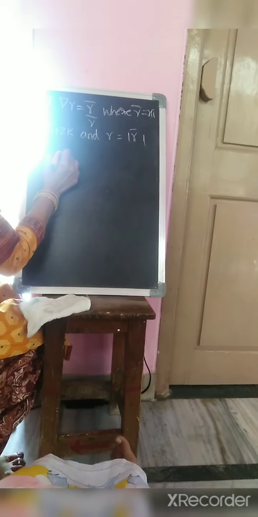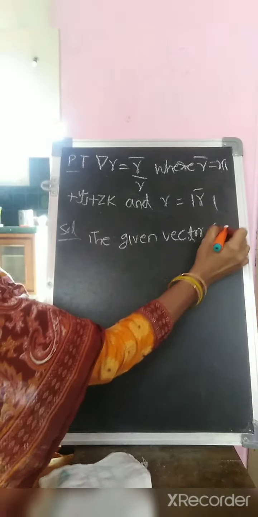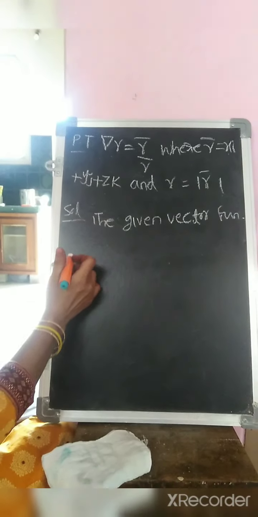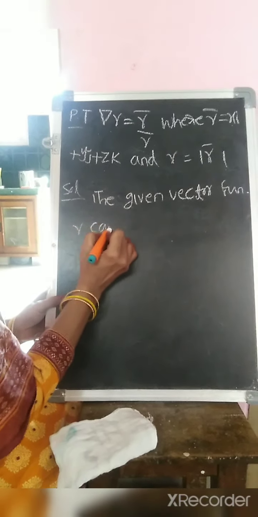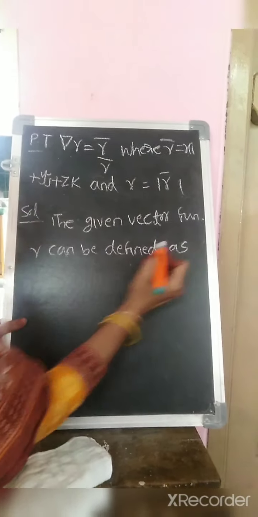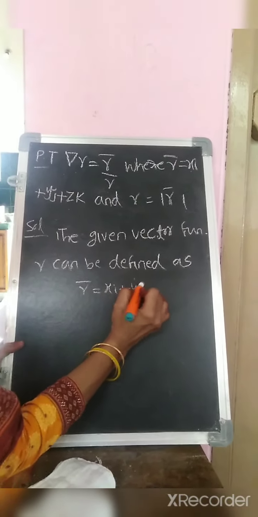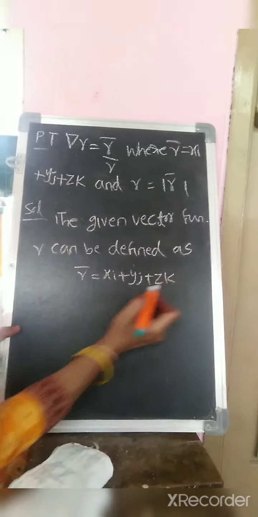So here, prove that grad r is equal to vector r by r, where the position vector r is equal to xi plus yj plus zk and r is equal to mod of vector r. That is the given vector function, which can be defined as vector r is equal to xi plus yj plus zk.